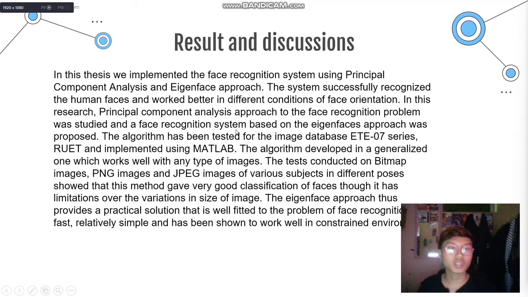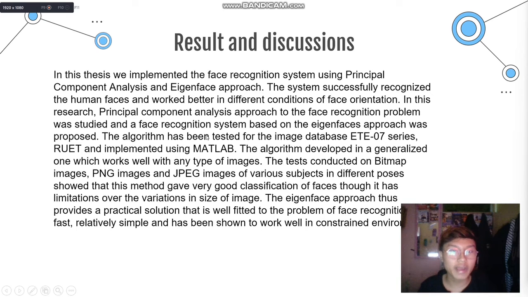Result and discussion. In these tests, we implemented the face recognition system using principal component analysis and the eigenface approach. The system successfully recognized human faces and worked well under different face orientation conditions. In this research, the principal component analysis approach to the face recognition problem was studied, and a face recognition system based on the eigenface approach was proposed.